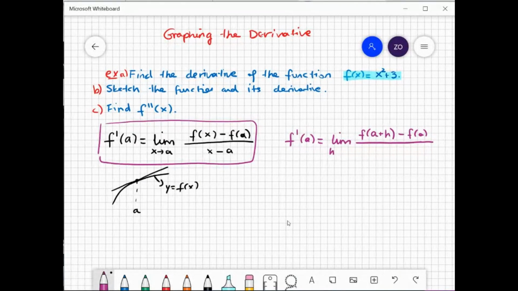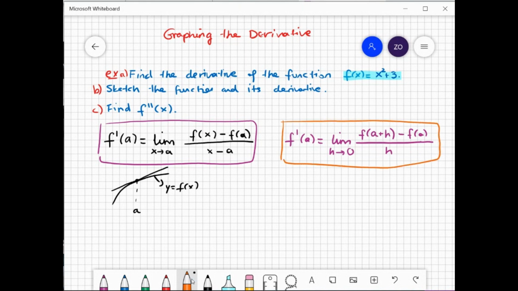The distance between the two points you pick is h, so we have f of a plus h minus f of a over h, and we take the limit as h goes to 0. As the distance between the two points gets close to 0, this also gives us the same value.